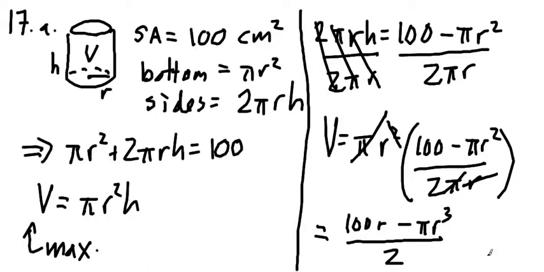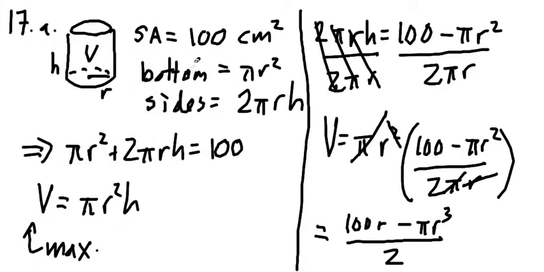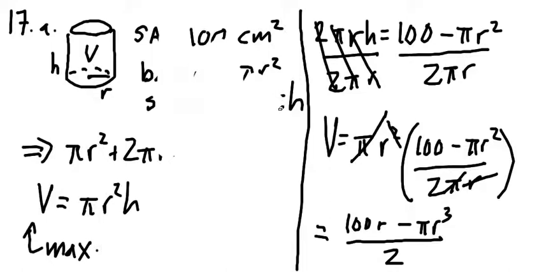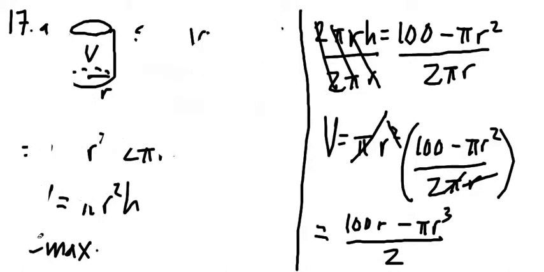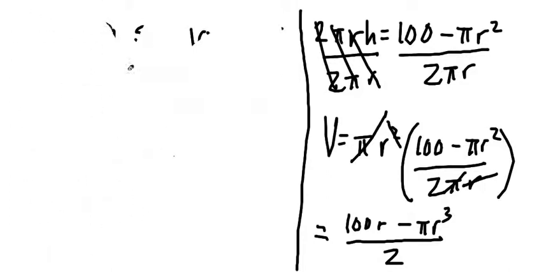So that's my volume. And now I've got the volume just as a function of one variable. So that means that I can try to maximize it by taking the derivative, setting it equal to 0. Although again, we should really be concerned with what is the domain of r here.